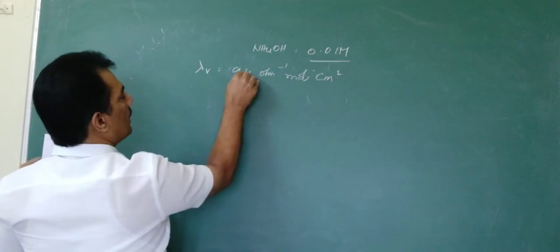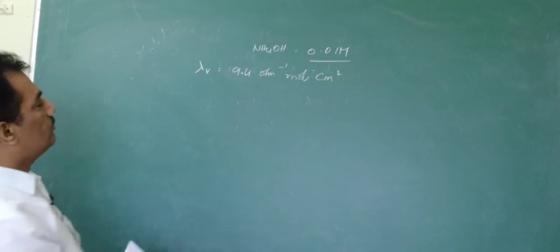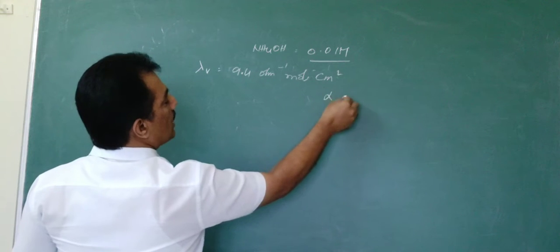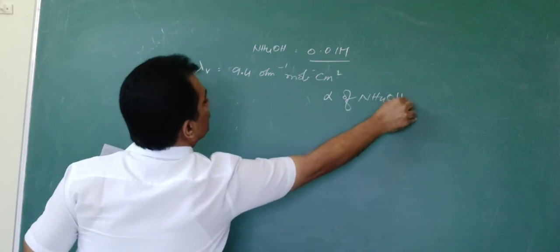They ask for the degree of dissociation alpha of NH4OH.